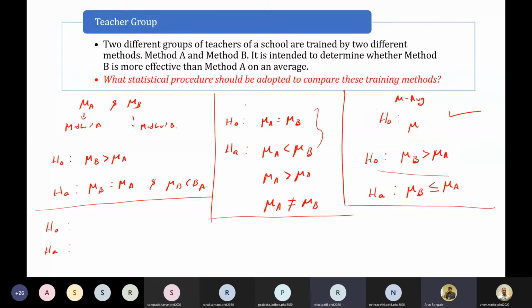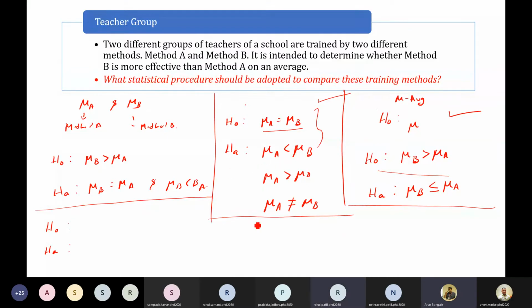See, I'm not getting your point, Rahul. Are you saying that this is not right? The second column is, in my opinion, right, sir. Okay, this one. Yes, sir. Okay.